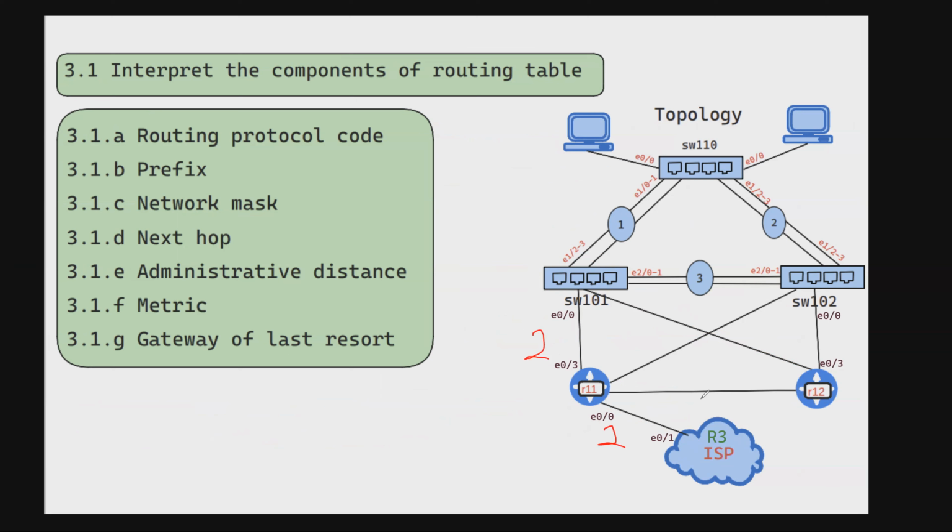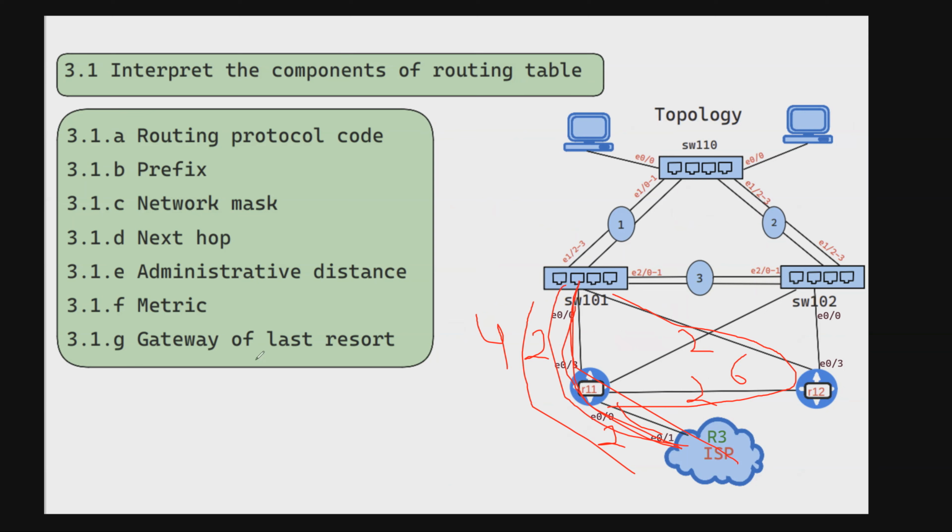Suppose all the links have path cost 2. So in this direction, the path cost will be 2 plus 2, how much? 4. In this direction, the path cost will be 2 plus 2 plus 2, 6. So that means this will be preferred. Why? Because it has the lower metric.